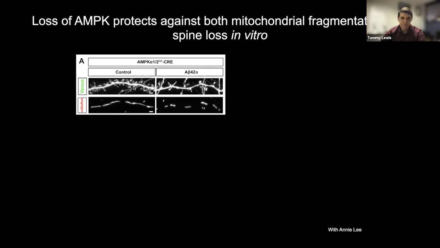So as we've already shown in control or Cre negative neurons, basically treatment with A-beta 42 again leads to loss of spines and fragmentation of the mitochondrial network.